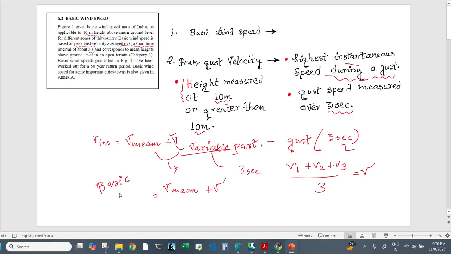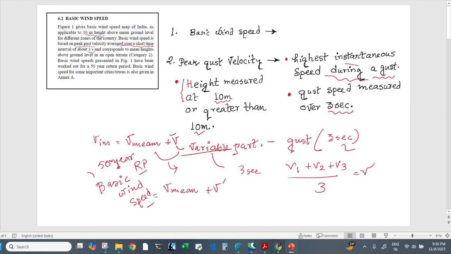This is taken over a 50 year return period.